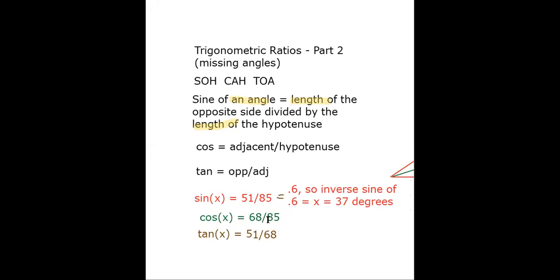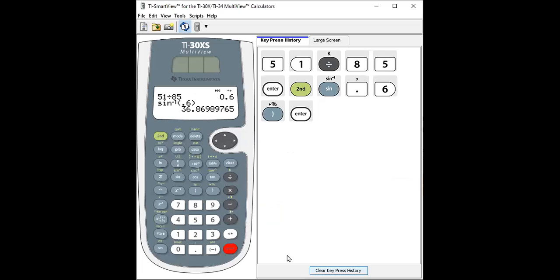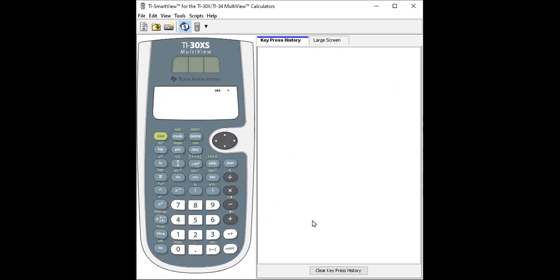So the cosine of x, if we're going to use that function, we must figure out what exactly is 68 over 85. Let's go to our calculator and figure out what 68 over 85 is. And I'm going to do it a little differently on this one because I want you to use that function.